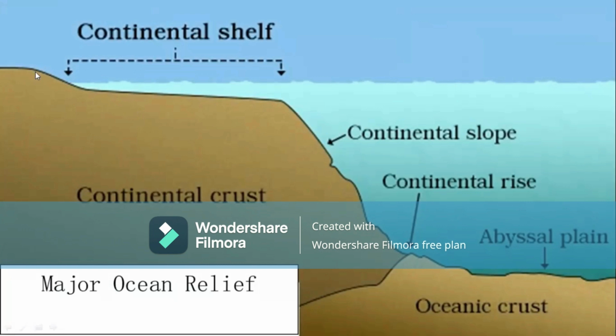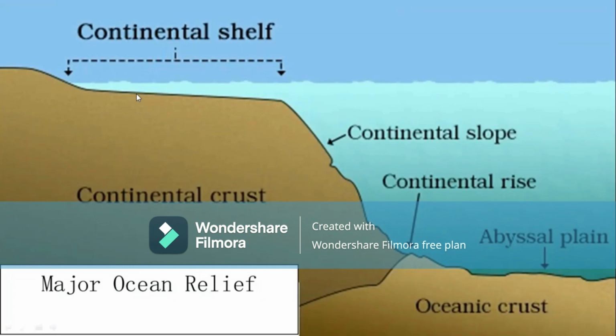The land over here slopes down into the sea. This entire area over here is the continental shelf. One of the most important features that you might be noticing is the nature of the slope.